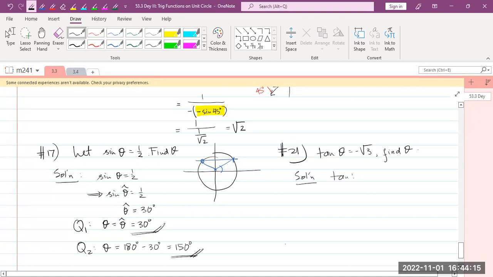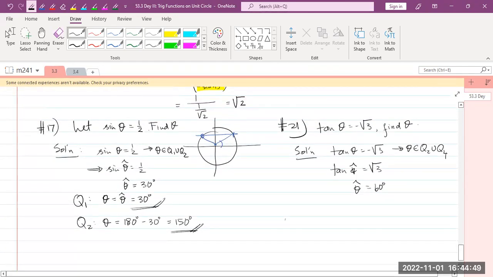If tangent theta equals negative radical 3, it means theta must be in quadrant 2 or quadrant 4, right? Let me write that. Theta is in quadrant 1 or quadrant 2 for number 17. Number 21, theta must be in quadrant 2 and quadrant 4. Now, get the reference angle first. So tangent theta hat equals radical 3. Theta hat must be 60 degrees. That's the reference angle.